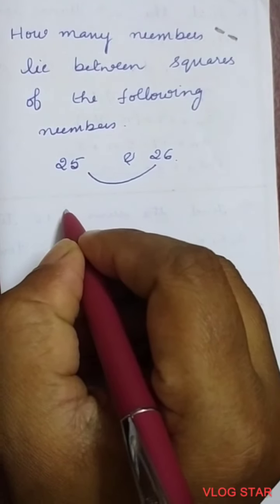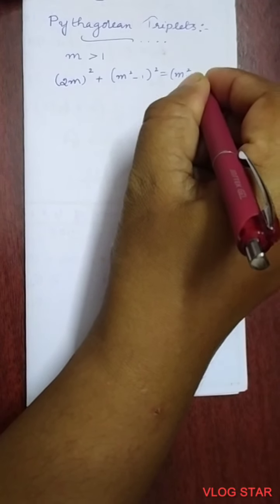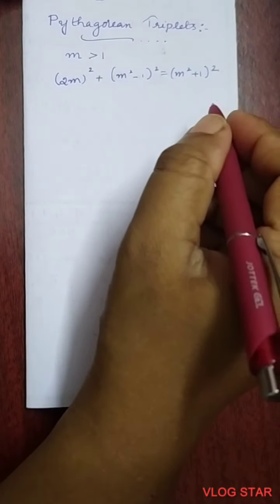Now we'll learn about Pythagorean triplets. If you take any natural number m greater than 1, then (2m)² + (m² − 1)² = (m² + 1)². So 2m, m² − 1 and m² + 1 together form Pythagorean triplets.